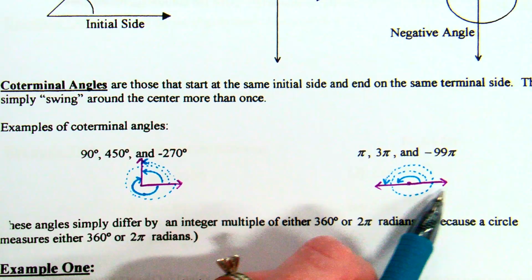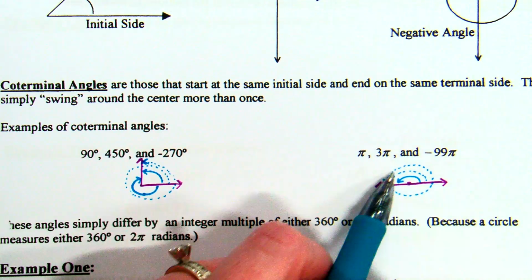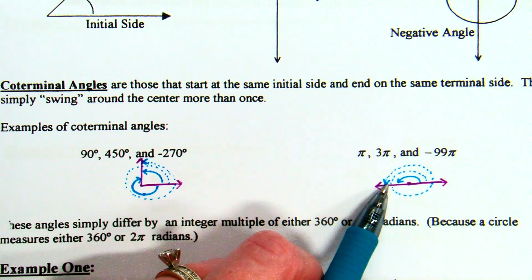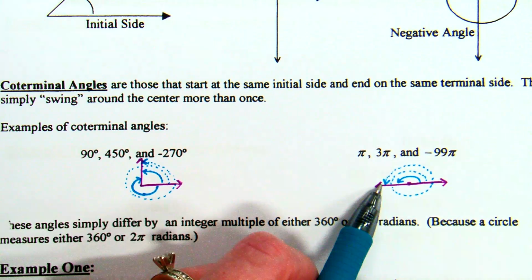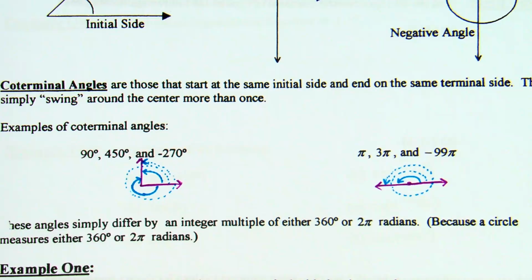Since I went down, it's negative 1 pi. And then if we continue going around, over here on the right is negative 2 pi. Where am I at over here? Negative 3 pi. If we go around again, negative 5 pi. Negative 7 pi. Just like in the positives, except it's the negatives. Is that enough to convince you that negative 99 pi is equivalent? Because I'm not drawing negative 99 pi out. That's a disaster. But the idea is that all of your odds are going to be the same.